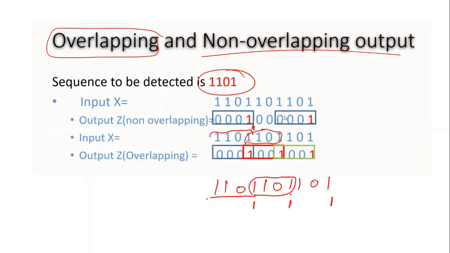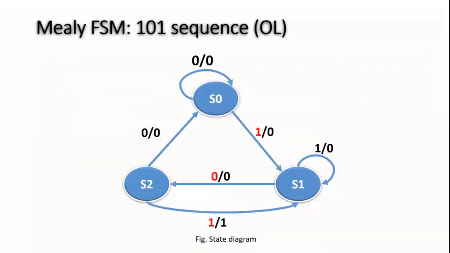So you will also get 1 more here. And of course, this is again being a part of the next one, 1101. So it is 1 more. Generally, it is always good to have an overlapping sequence rather than going for non-overlapping, because non-overlapping gives less output. Okay, that's it. That's what you mean by overlapping, non-overlapping.